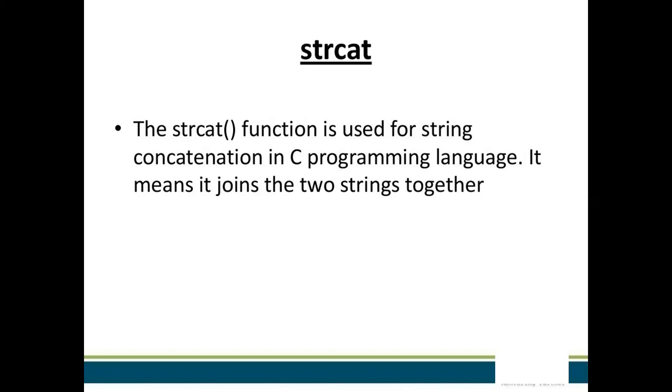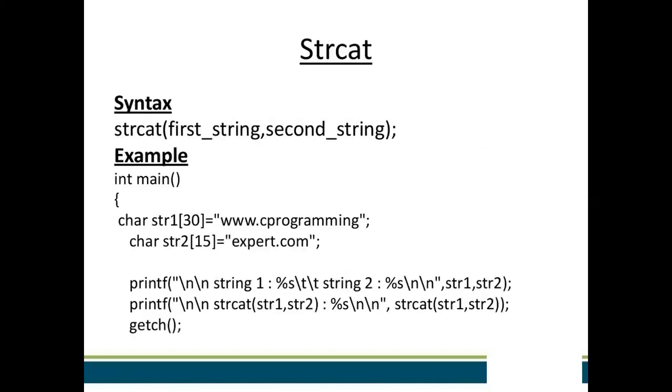Next, we will see the function strcat. This strcat function is used for string concatenation in the C programming language. It means that we can concatenate two strings together. In this example, we have declared the str1 variable as a string and the str2 variable as another string.